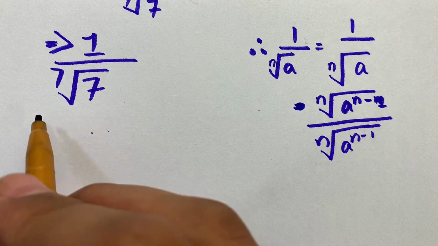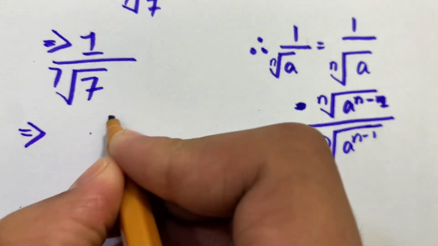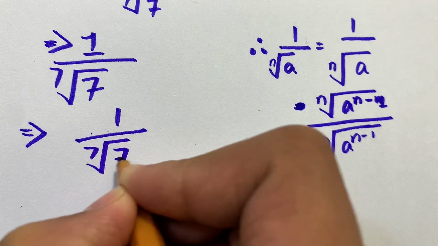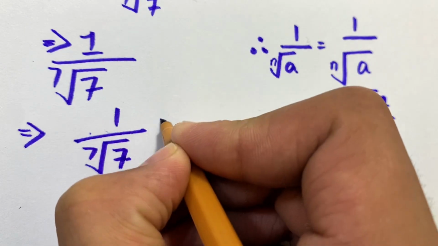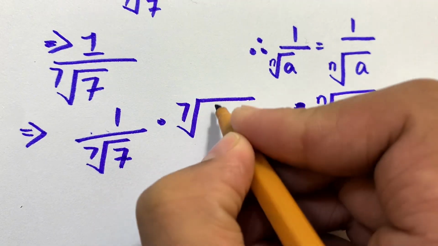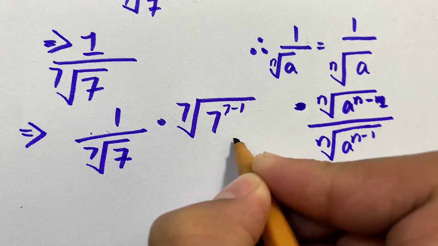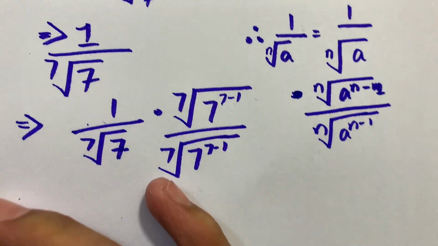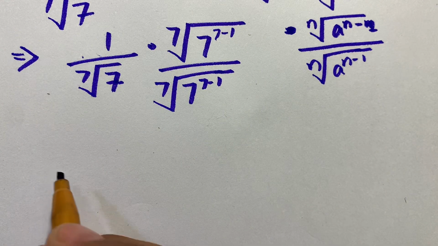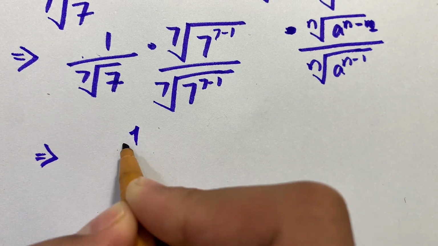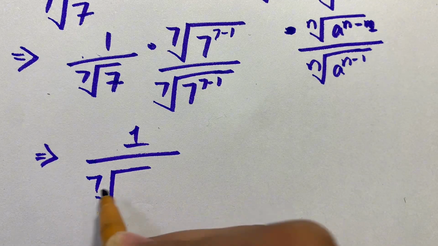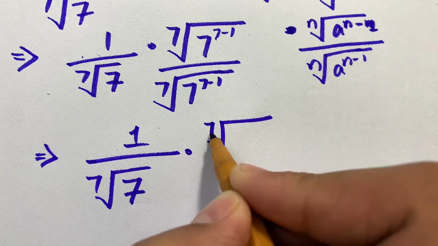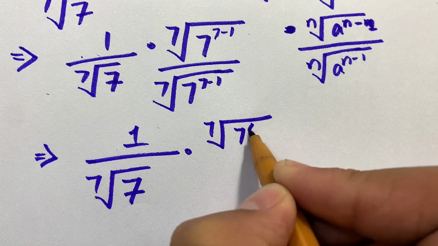This will be 1 divided by 7 and root 7 into 7 into 7 power 7 minus 1, divided by 7 into 7 power 7 minus 1. This will be 1 divided by root 7 into 7 into 7 and root 7 power 6.